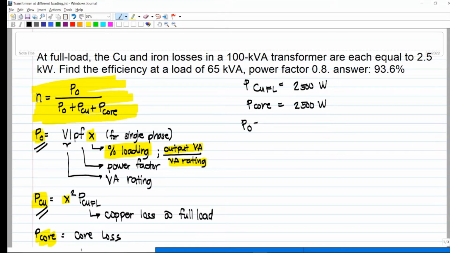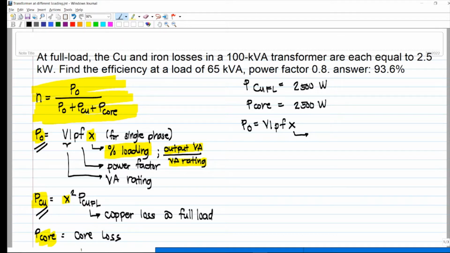So, isa-isahin natin. Para sa output power, that is VI, power factor, and X. Ano tong X natin dito? So, diba, from the introduction, X is the percent loading. So, kung hindi naman sinabi sa problem kung ilang percent ang loading, pwede natin siyang masolve using the output VA over the VA rating.